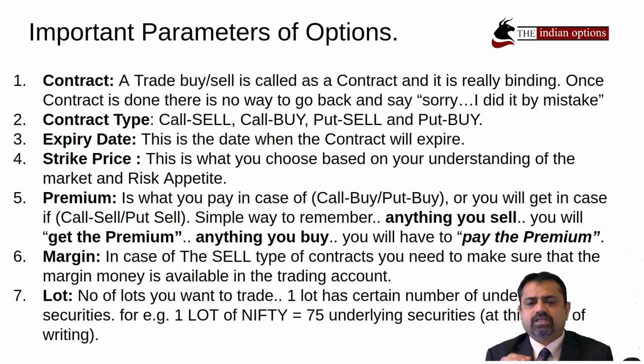For the time being, just remember that there is premium, and then there is a margin. What is margin? There is a separate video for the whole margin topic. It's really very important. Whenever you do call sell or put sell kind of contracts, they are supposed to be really very risky contracts. So your broker needs you to keep a margin with them. That margin, for one lot right now, is somewhere around 90,000 rupees.